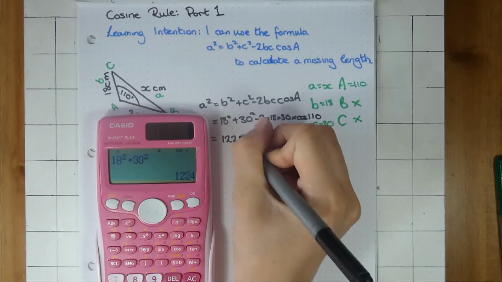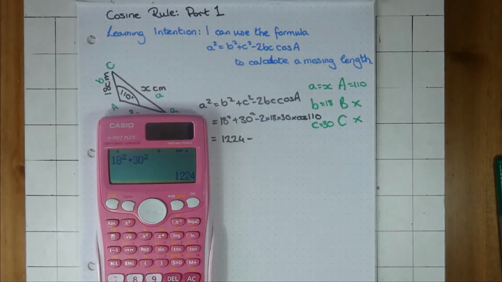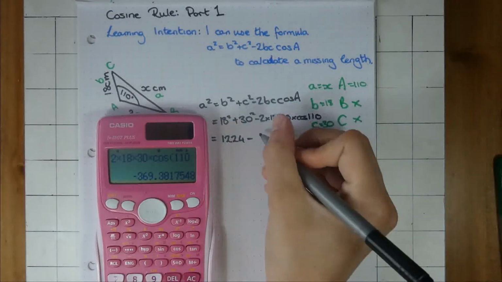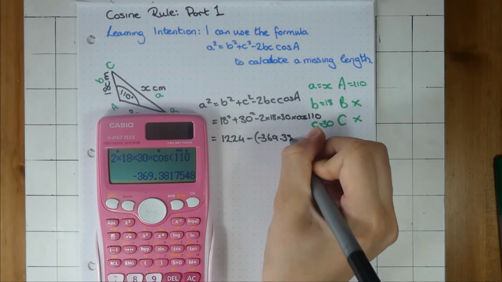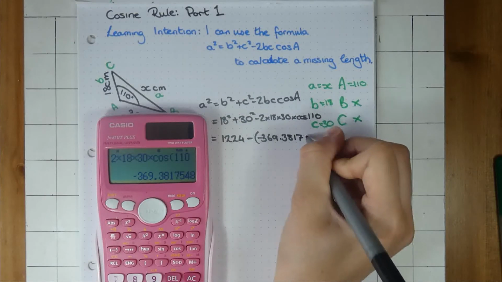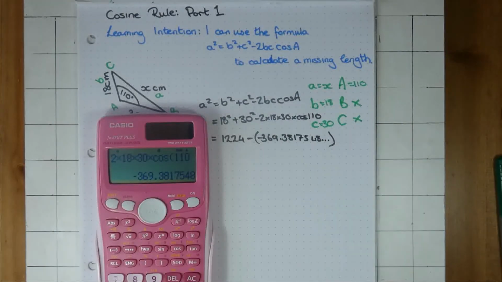So I get 18 squared plus 30 squared, take away 2 times 18 times 30 times cos 110. So that's going to be take away minus 369.3817548... Okay? Keep that on your calculator.